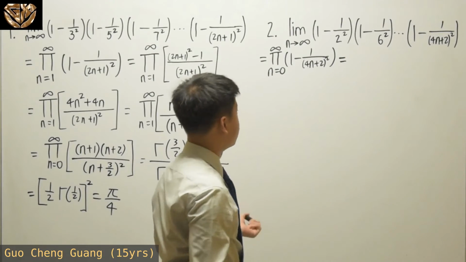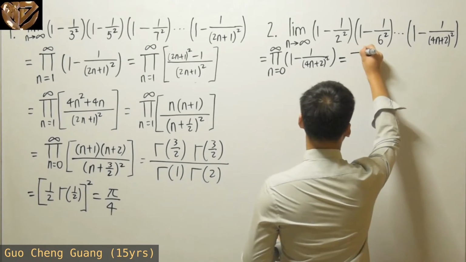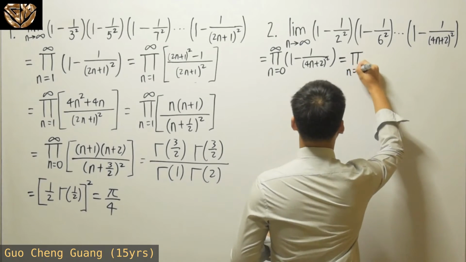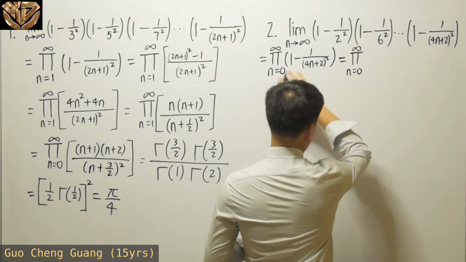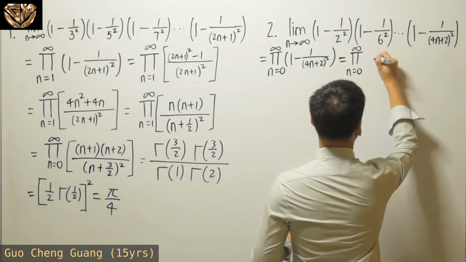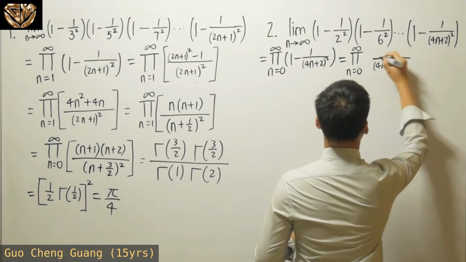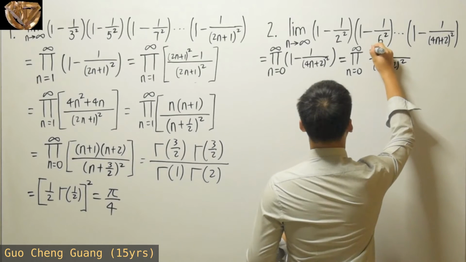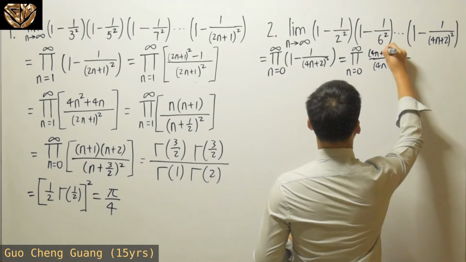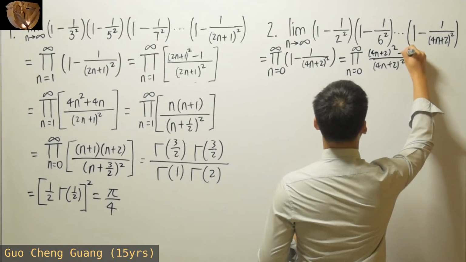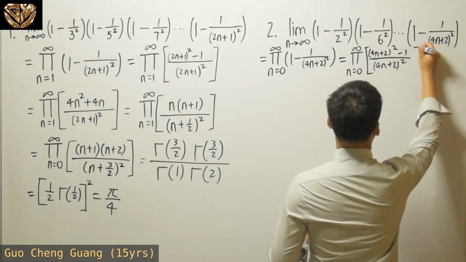Now, how do we continue? Well, we would just again combine them into one fraction. So (4n plus 2) squared, and then (4n plus 2) squared minus 1. Okay?